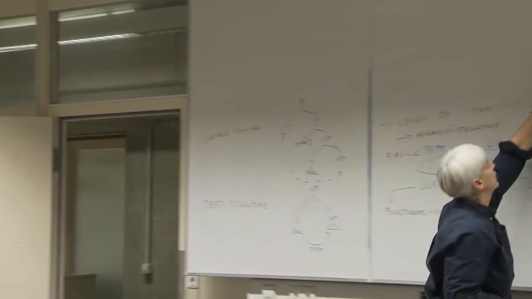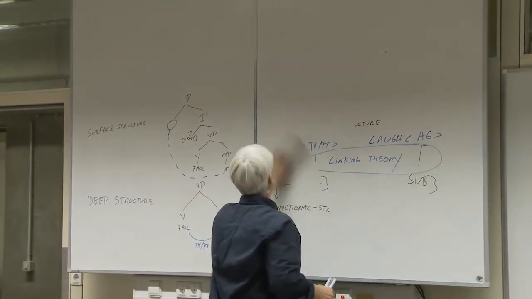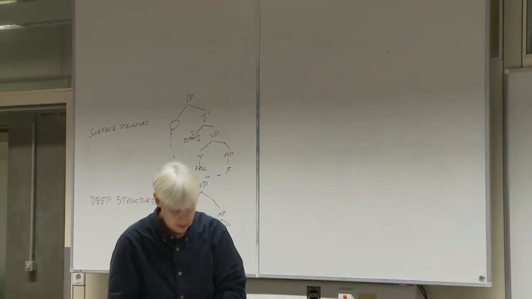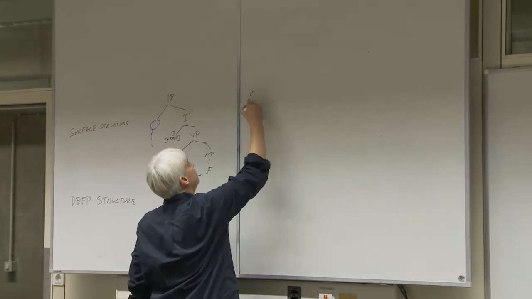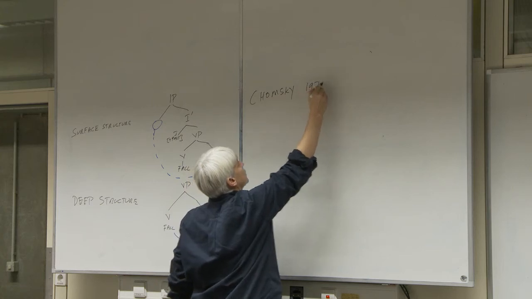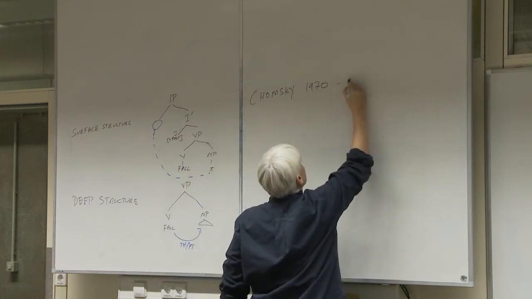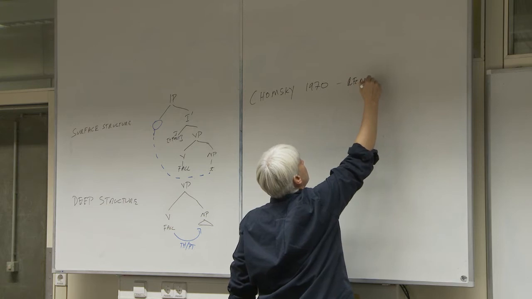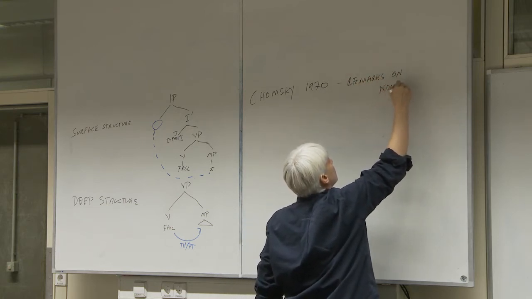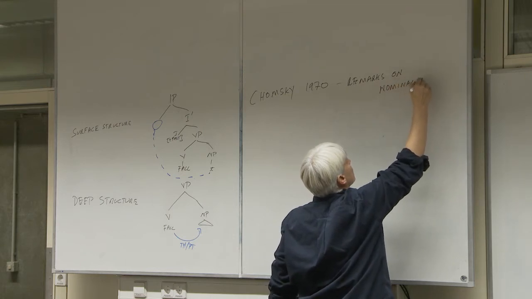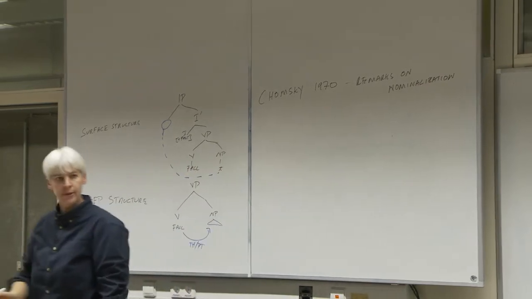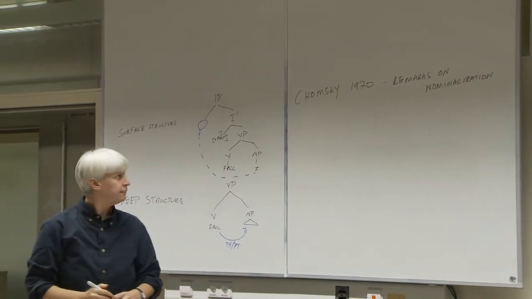Okay, but there was actually one more point. There's a very famous paper by Chomsky from 1970 called Remarks on Nominalization, which I was told when I was studying, if you haven't read this, you haven't lived.